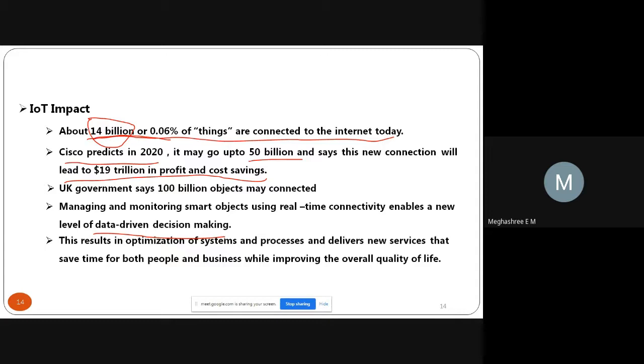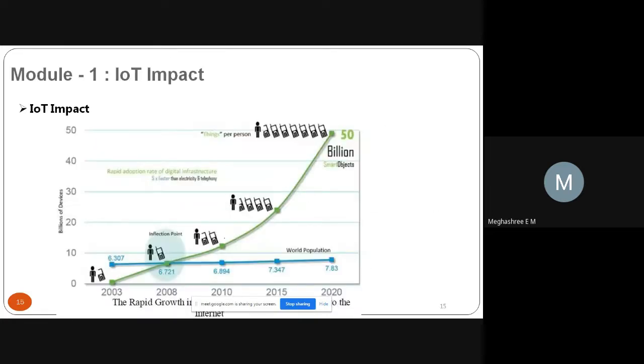You need not bother about that if it can be remotely accessed, right? You can sit at your office and access all the devices or appliances which are at home. So IoT plays a very big role in improving our quality of life. That is what this impact is all about.